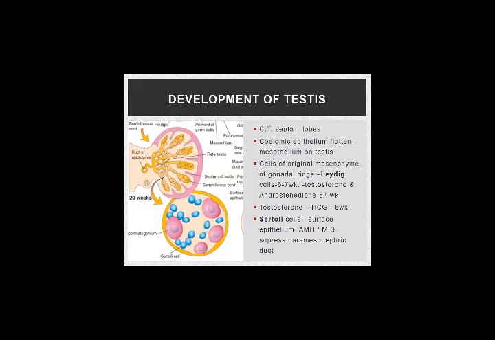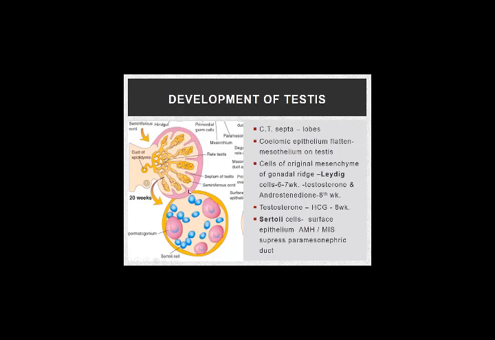Okay? So the original mesenchyme of the gonadal ridge, at 6 to 7 weeks, develops into interstitial cells of Leydig. These cells in 6 to 7 weeks start to secrete testosterone and androstenedione. It is testosterone that stimulates this gonad to develop into a testis.